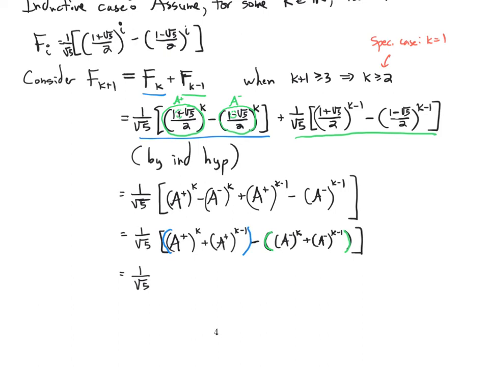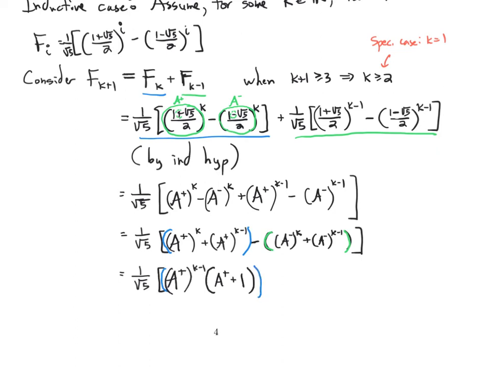So I see a common factor of a plus to the k minus 1 in both of these terms. I'm going to factor that out. So this is a plus, oh, my blue bracket. This is a plus to the k minus 1 times, well, we still have an a plus here, and here we have a plus 1.